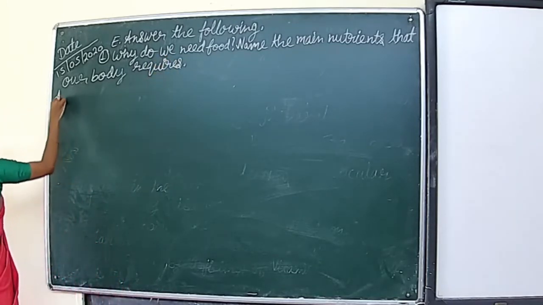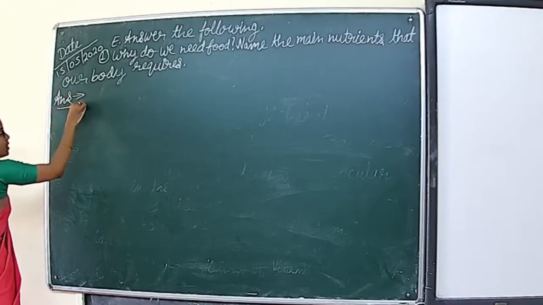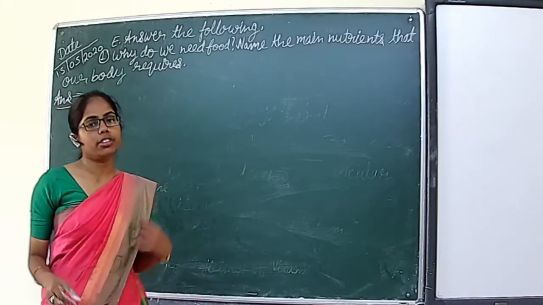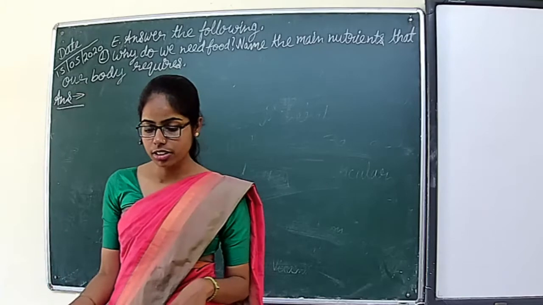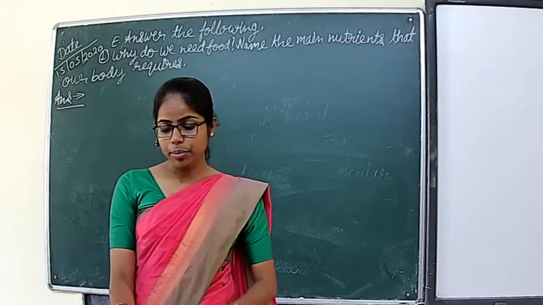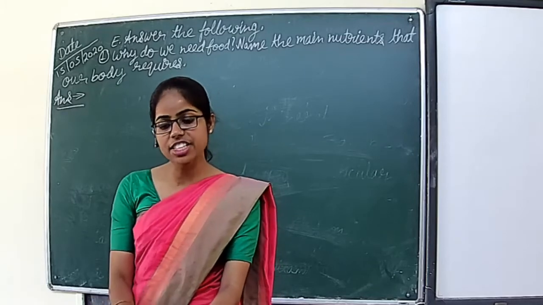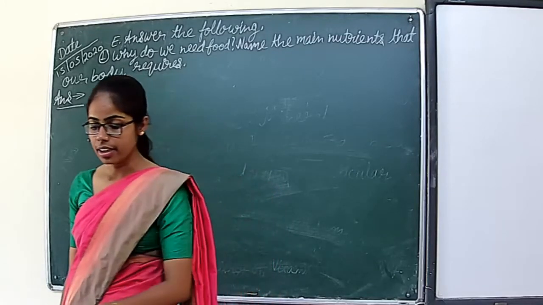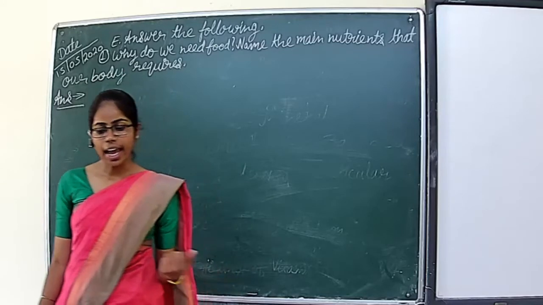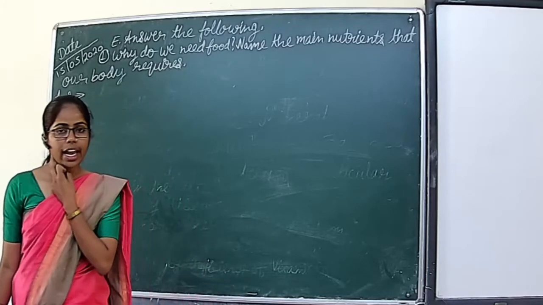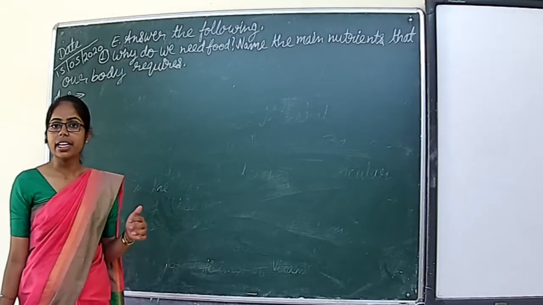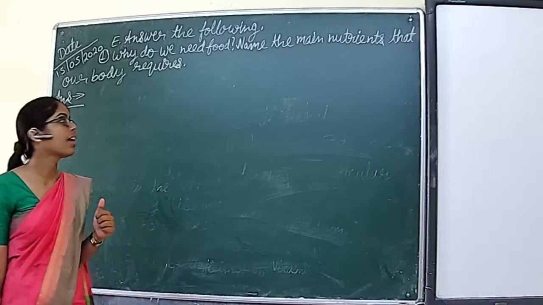And the answer for this question, the first part, why do we need food? Because food helps to give us energy and make us healthy. And second thing, it helps us stay alive.